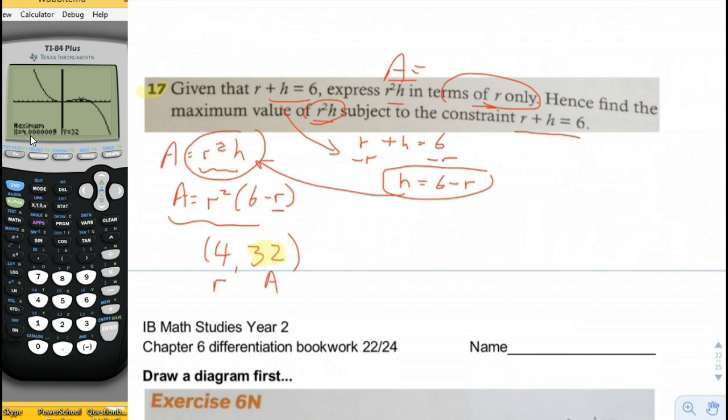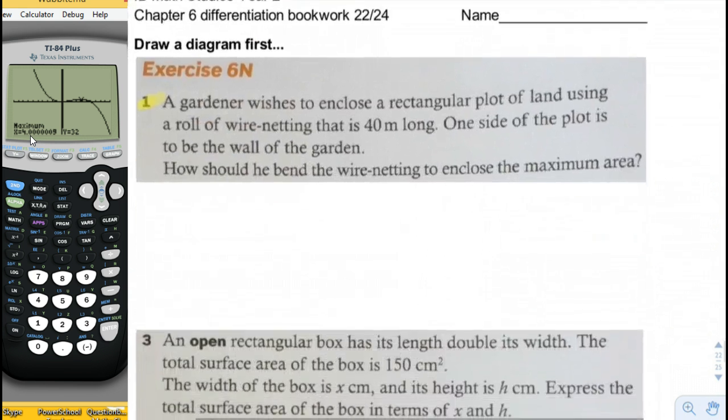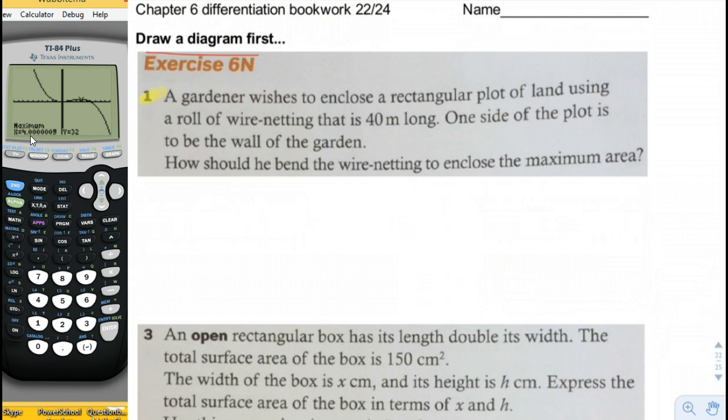Okay? Now a couple more problems on the last page. The hint I'm giving you is draw a diagram first when you have a word problem. A gardener wishes to enclose a rectangular plot of land using a roll of wire netting that is 40 meters long. One side of the plot is to be the wall of the garden.